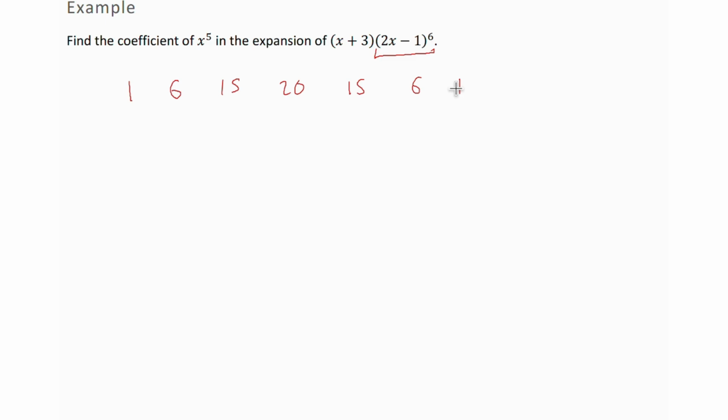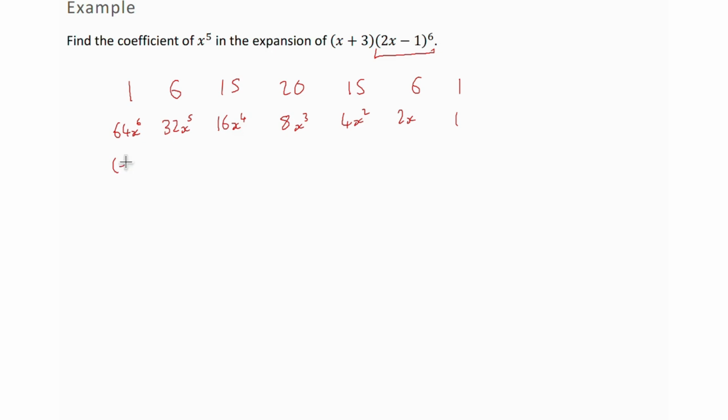And now that we've got the Pascal's row, we'll do the next bit, which is start with the first power and do decreasing powers. So 2x to the power of 6, which I'm just going to write straight away as 64x to the 6. 2x to the power of 5 is 32x to the power of 5. To the power of 4 is going to be 16x to the power of 4. To the power of 3 will be 8x cubed, 4x squared, 2x, and 1.